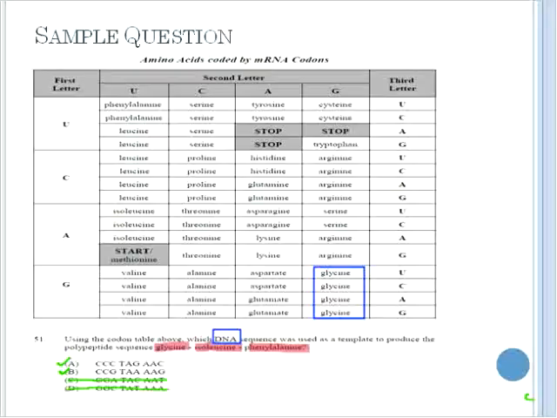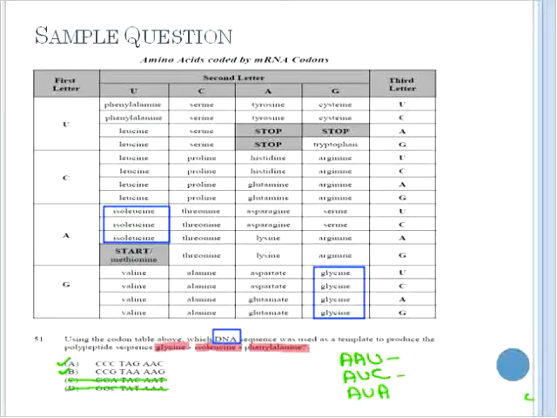Isoleucine, which is located in your table here, has as possibilities for RNA A-U-U, A-A-U, A-U-C, A-U-A.